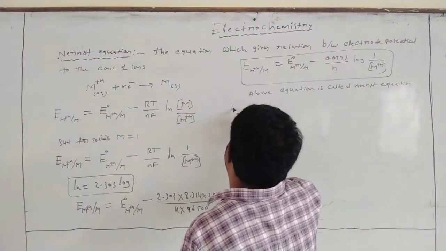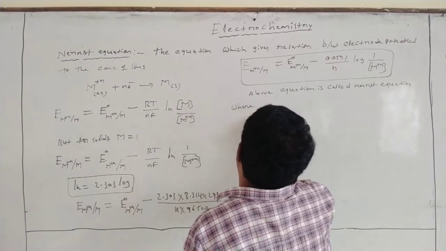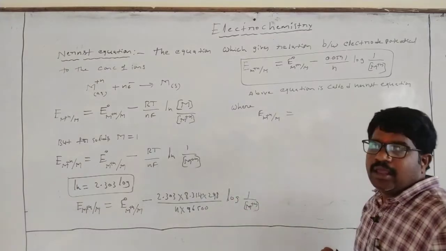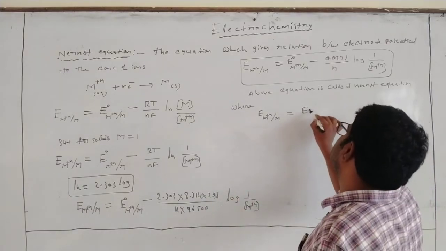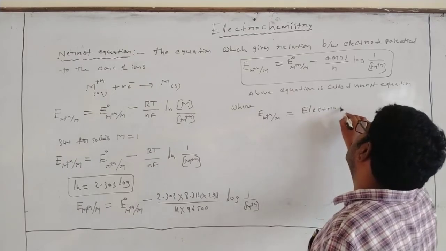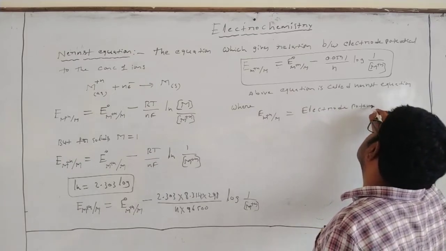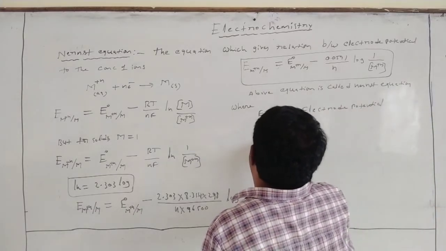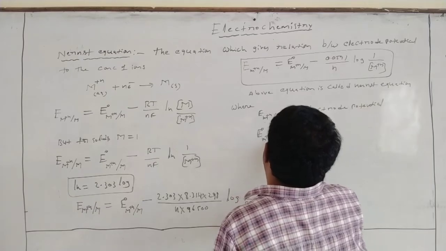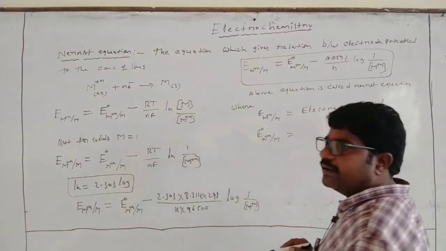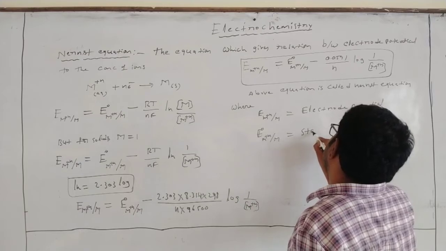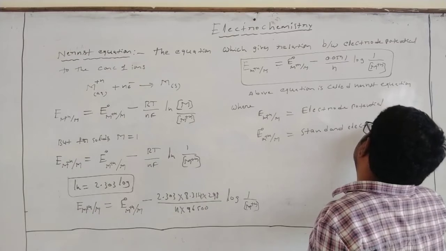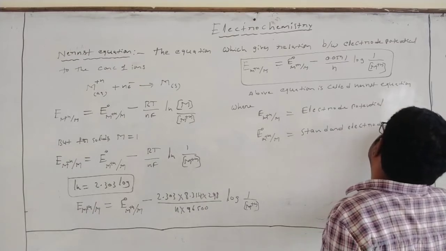Here E of M plus n by M is the electrode potential, and E naught of M plus n by M is called the standard electrode potential.